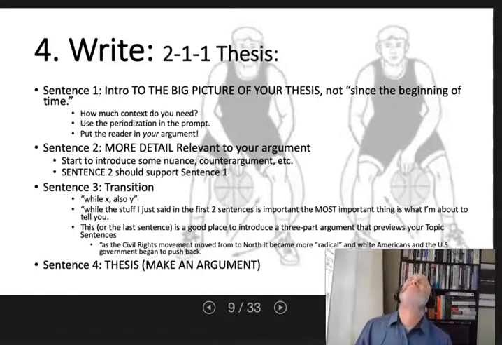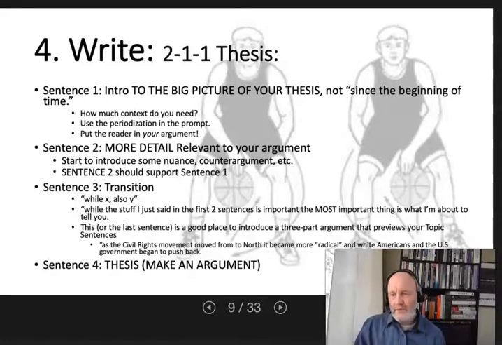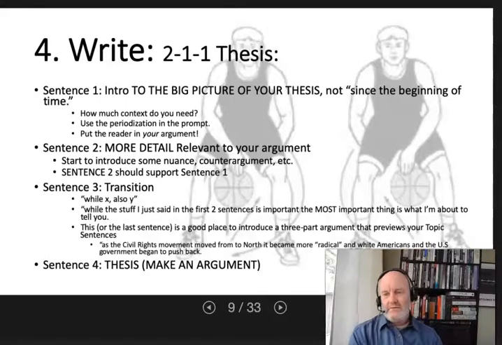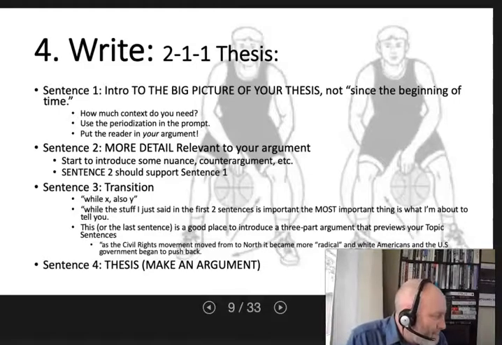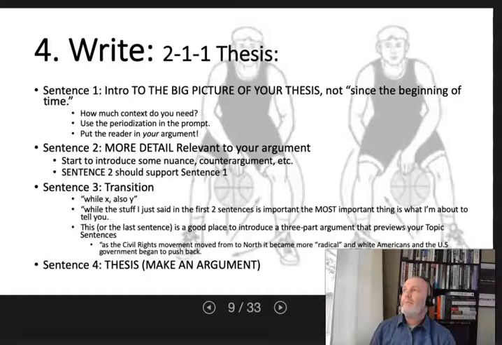So in mine: ideas about revolution evolved in direct relationship to the changing circumstances in the colonies in the wake of the French and Indian War, comma, and by the Treaty of Paris, or during the Revolution itself, some were informed by Enlightenment thought.